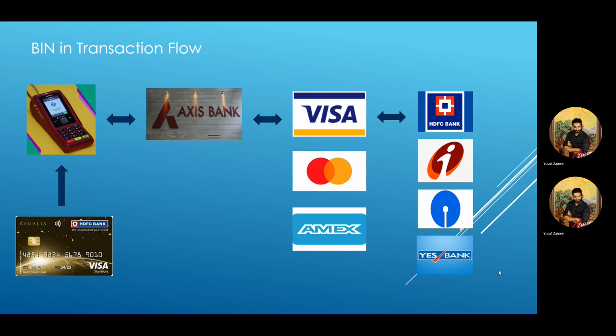The data elements have different fields, and there is a field number 32 which stores this bin information. As soon as a transaction comes, the acquirer picks the data element and field number 32, from there it gets the bin range, and from that bin range it starts the process of what it has to do and whom it has to forward to.